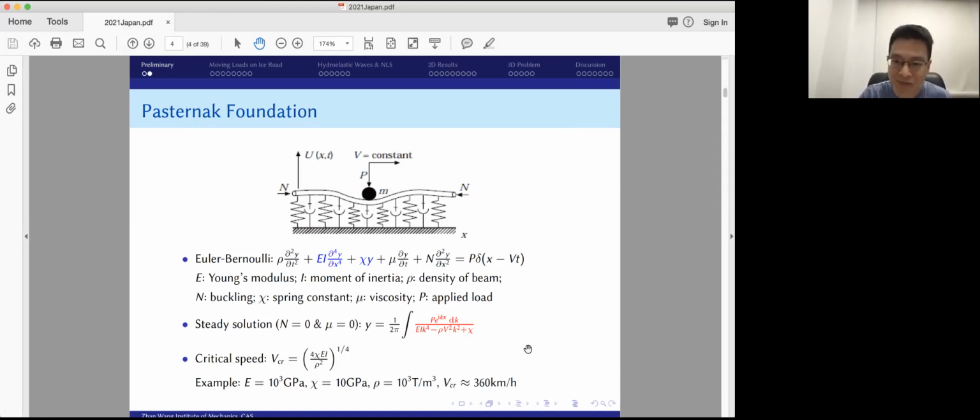So there must be some critical v, the smallest v, such that the denominator could be 0, which is called the critical speed. And you can calculate the critical speed very easily.